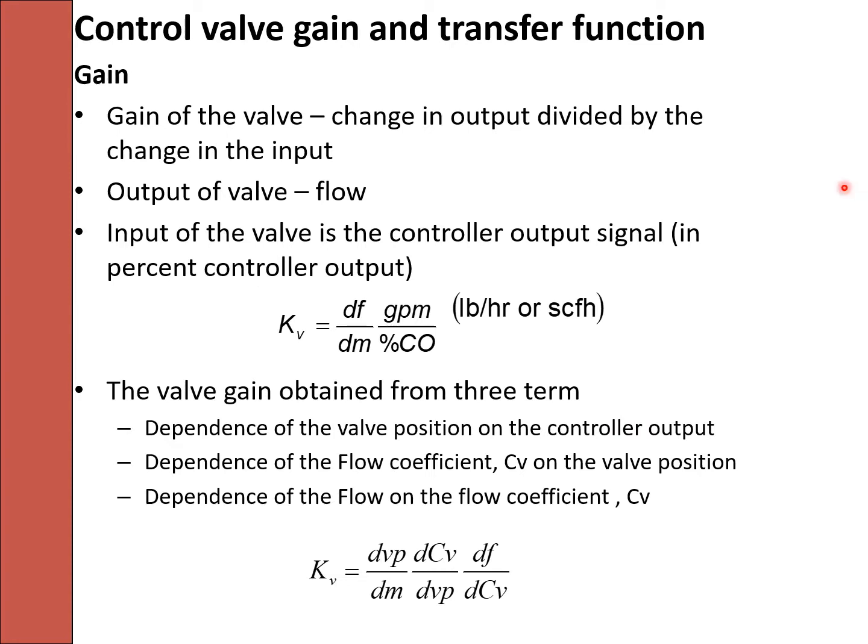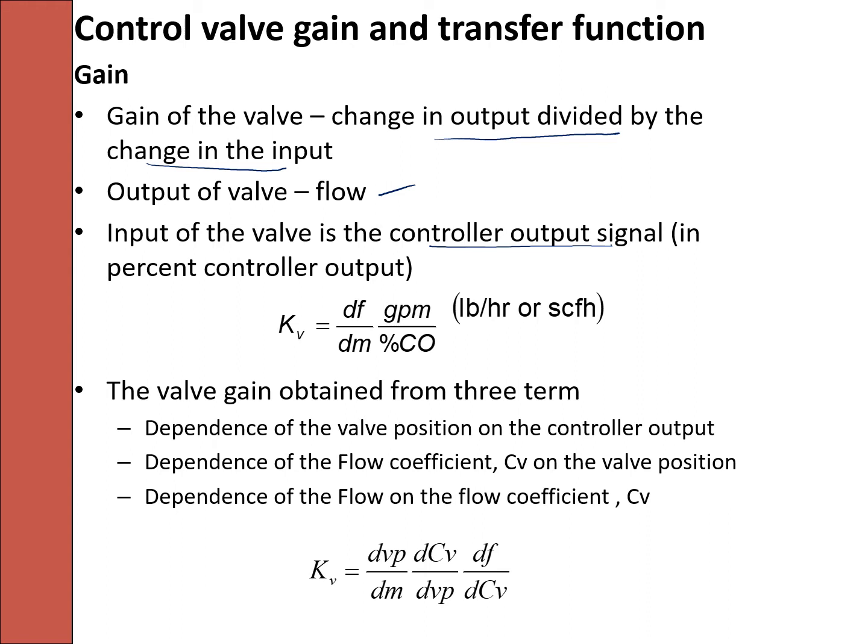Okay, so we start with the control valve gain and transfer function. Gain, the one that we learned before, is a change in output divided by the change in input. The output of the valve would be the flow. The input of the valve is the controller output signal, in percent controller output.